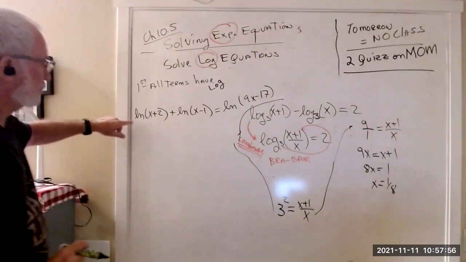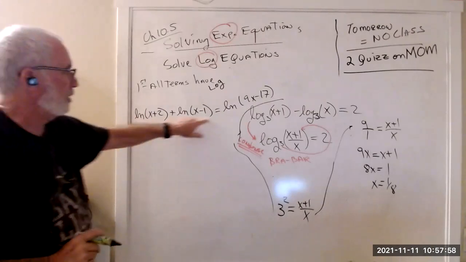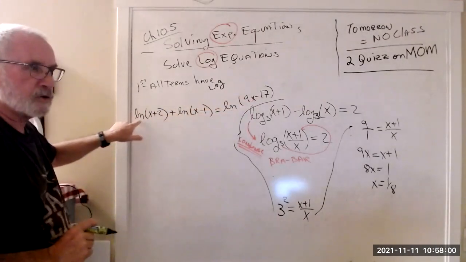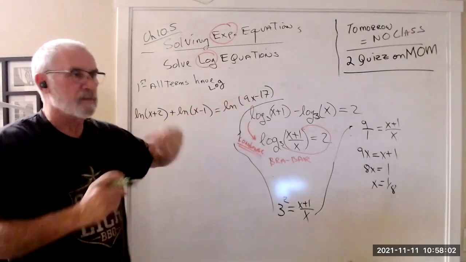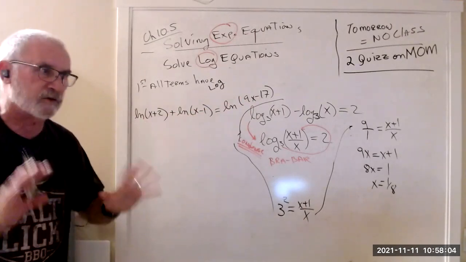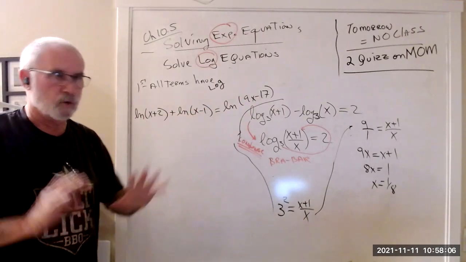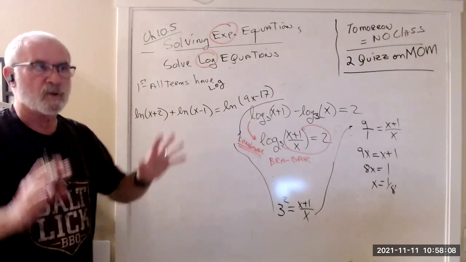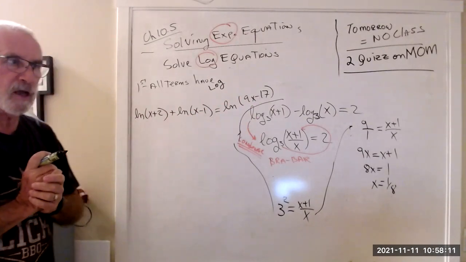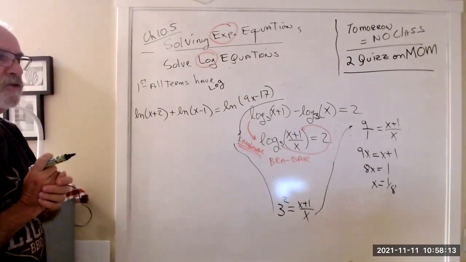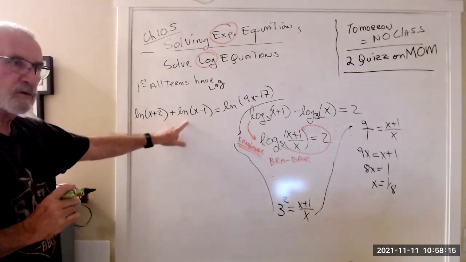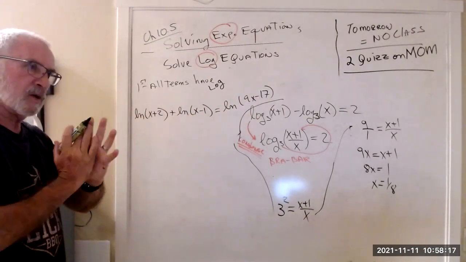But anyway, here's a problem where all of the terms have logarithms. Remember, ln is just a fancy logarithm. No big deal. It's just a logarithm. We're going to do the same thing. We're going to condense the two terms that are together, pull them into one.